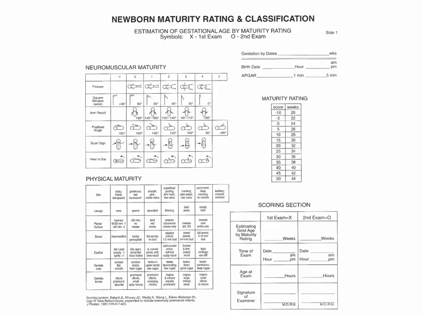She has stiff ear cartilage, and her clitoris and labia minora are completely covered. Okay, so add up your top half and then add up your bottom half separately, and then add those two together.